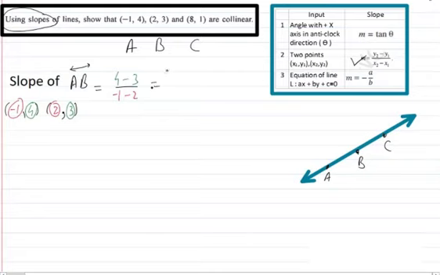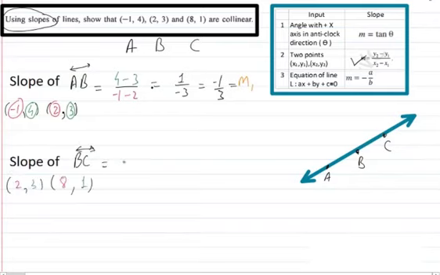So here we will get 1 upon -3, or we can say -1 by 3 as our first slope m1.